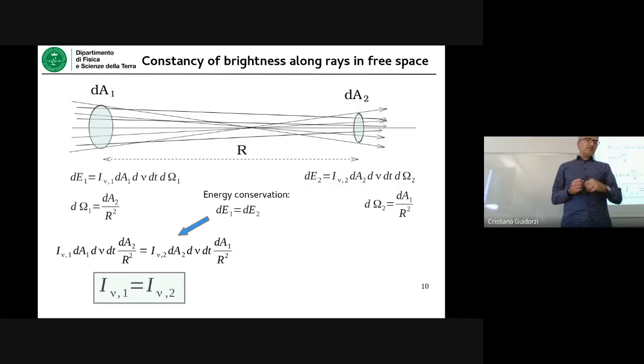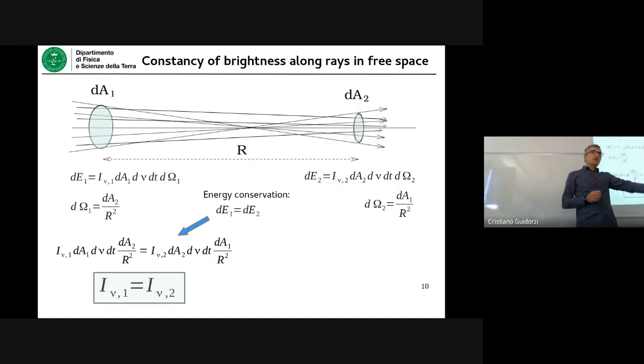I will be commenting in the next slides on why this may sound counterintuitive, but this property offers us a clue to understand the meaning of intensity. Intensity is something which stays constant along the rays, along the path, provided that the path is through free space.